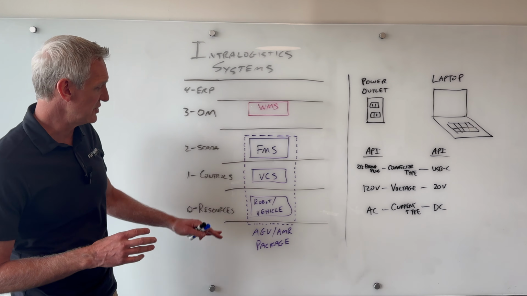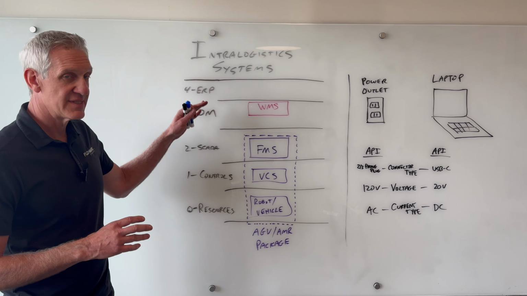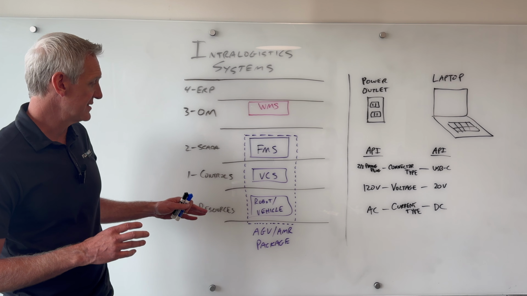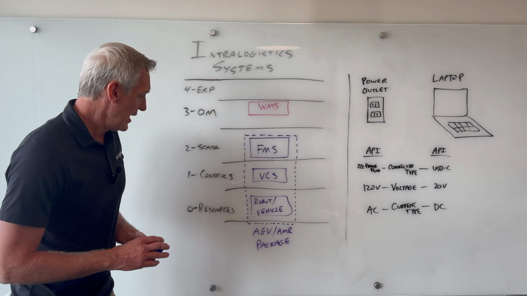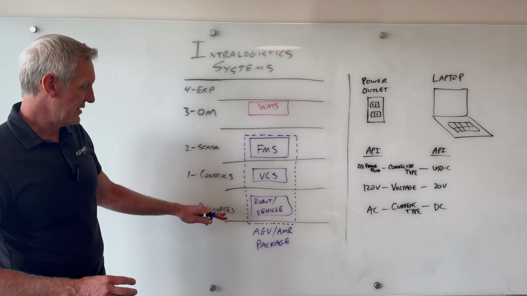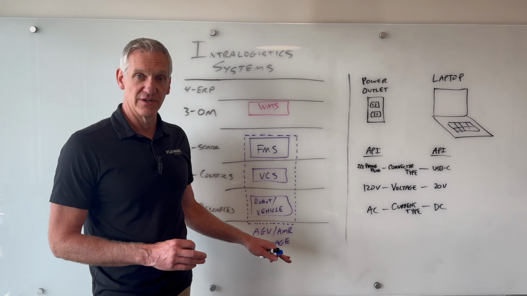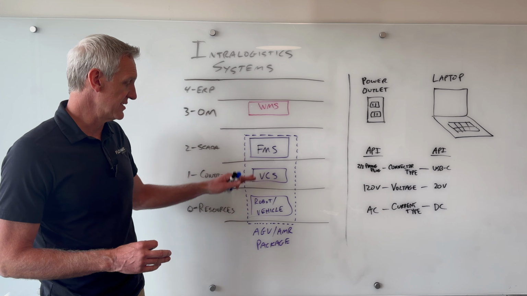So let's set the stage here. We're going to have a very simple use case where a company has decided that they're ready to invest in autonomous vehicles. And we talked last time about the fact that when you purchase an autonomous vehicle, you typically get a packaged system.